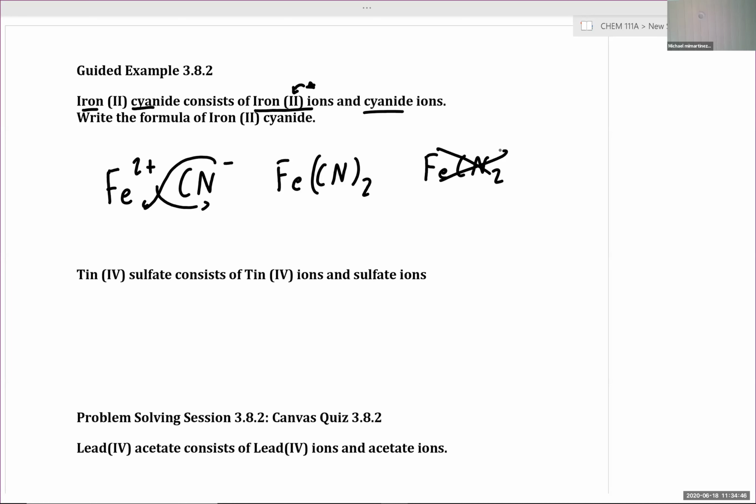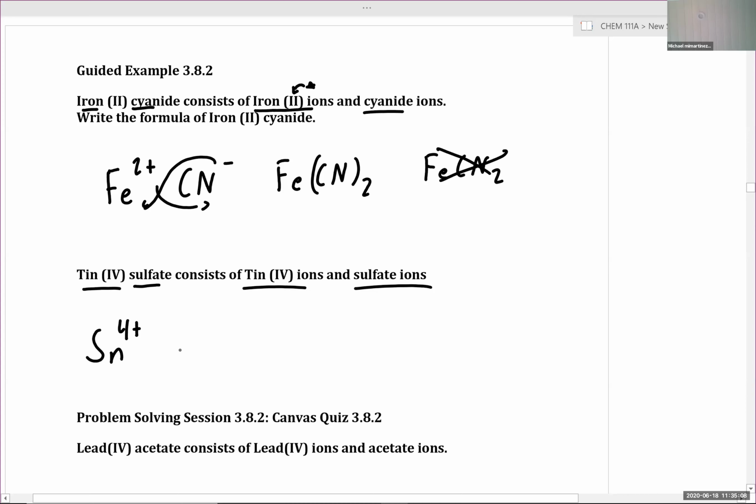Okay, let's look at another example. Tin 4 sulfate consists of tin 4 ions and sulfate ions. So what's the charge of tin in this case? Yep, +4. Sulfate.